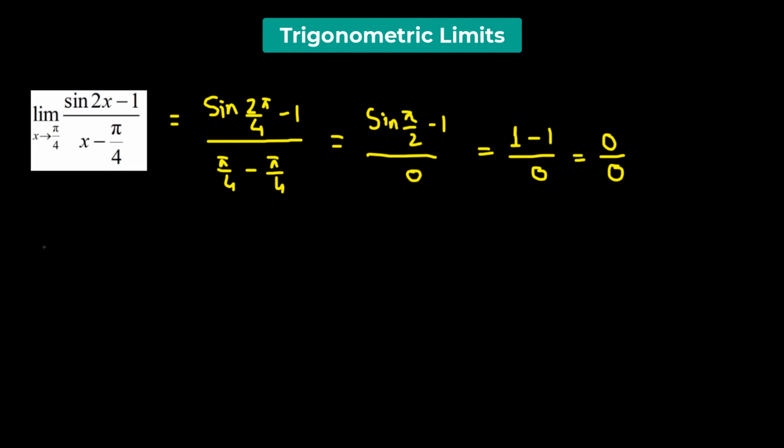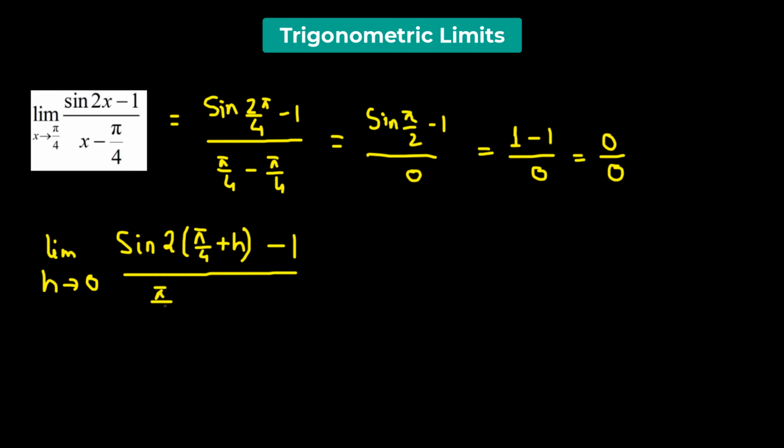So let us change the function by changing the limits. So we have the limit as h tends to 0 of sine of 2 times, so x gets replaced by pi over 4 plus h, minus 1, divided by pi over 4 plus h minus pi over 4.